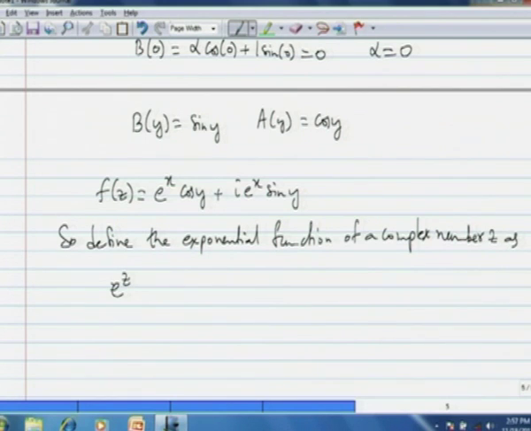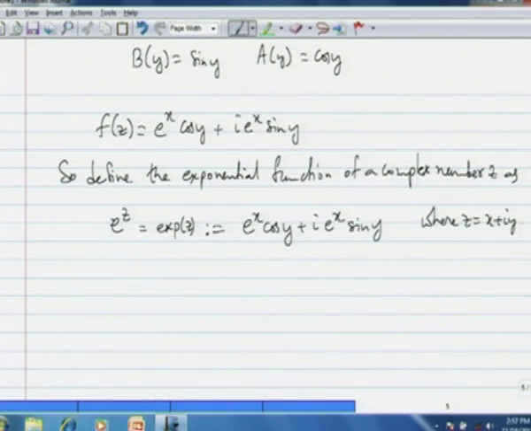So, e power z, alternatively also written as exp of z, we define that to be e power x cosine y plus i times e power x sine y, where z equals x plus i y.